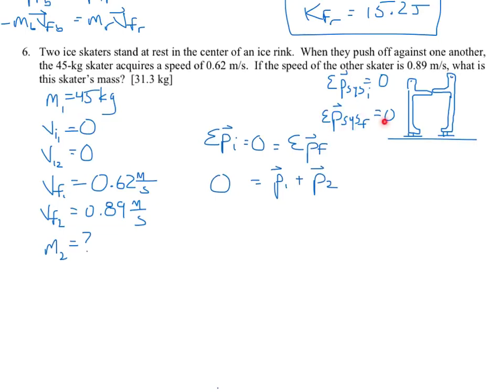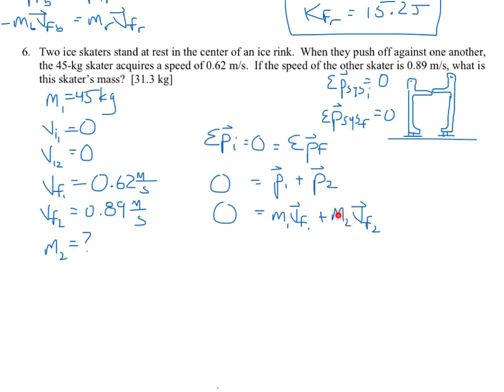The final momentum has to add up to 0, because we know the initial momentum of the system is 0. Let's expand these out: 0 equals m1 v final 1. Remember, this side is all initial, and this side is all final. Plus the mass of person 2 times the final velocity of person 2. And we're solving for the mass of person 2.